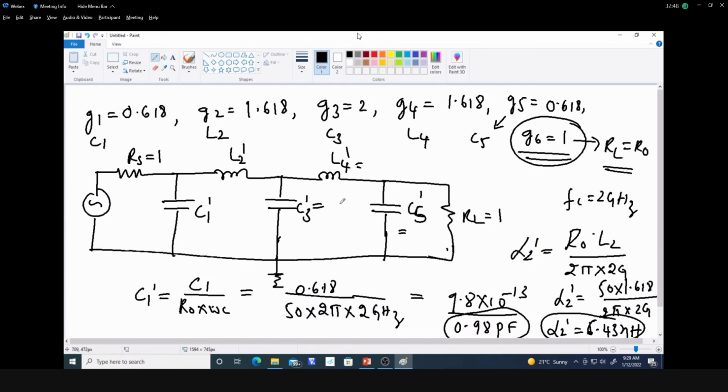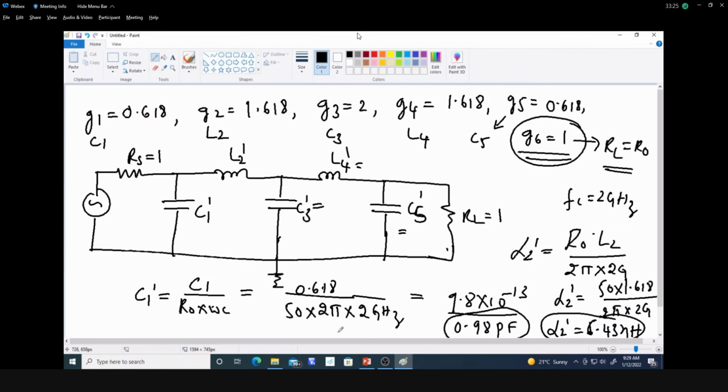So instead of 0.618, you have to replace it with 2. So that is one over 100 pi into nano.